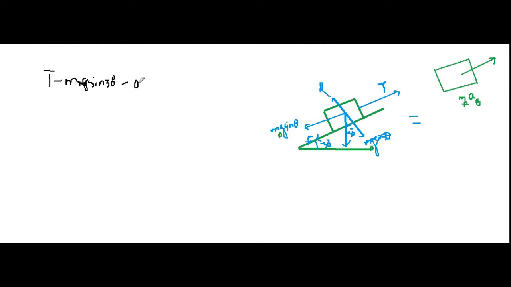Mu is 0.6 here, and the normal reaction can be easily seen as mA g cos theta. So it can be written as mA, the mass of block A, into g into cos theta, where theta is again 30 degrees. That shall be equal to the net force, that is mA into the acceleration of block A.